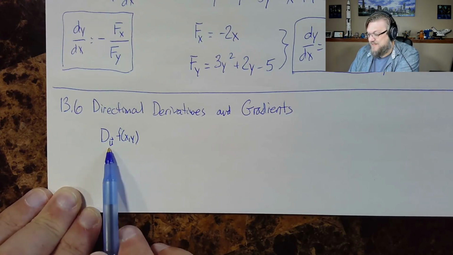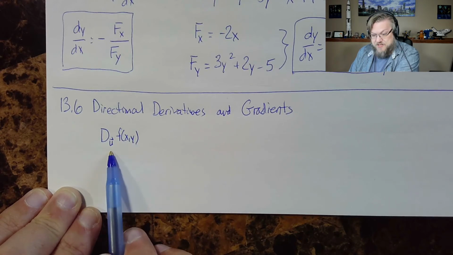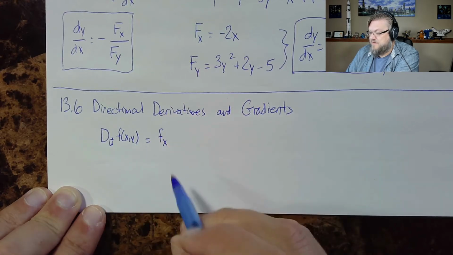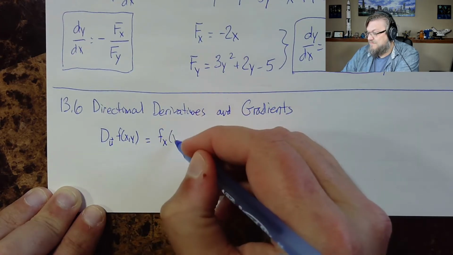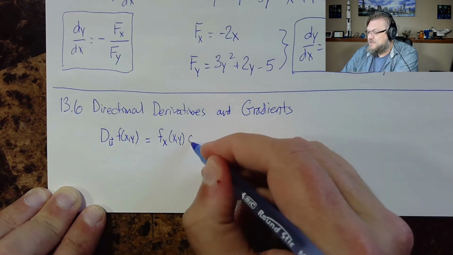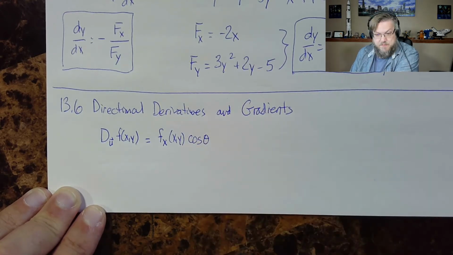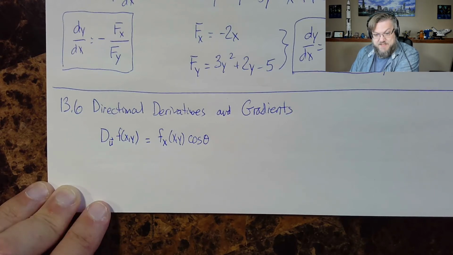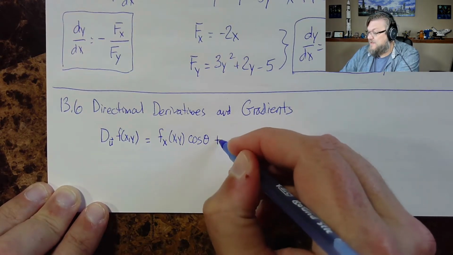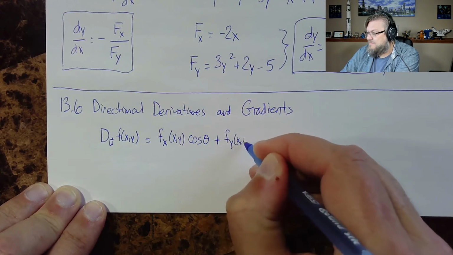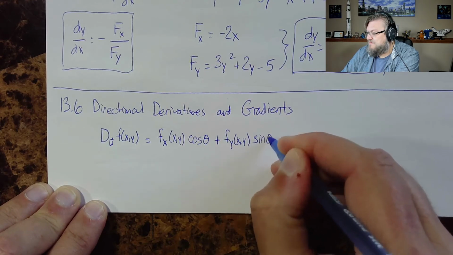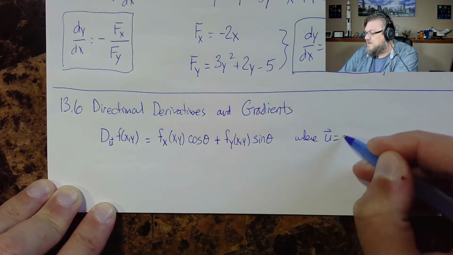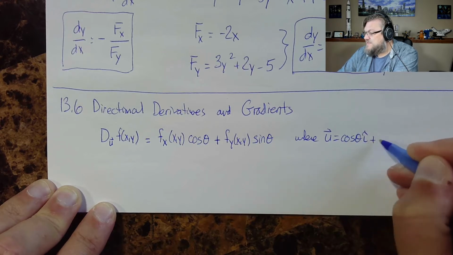All right, so the directional derivative of f of x, y in the direction of u is going to equal the partial derivative of f with respect to x at x, y times the cosine of theta. Remember, theta is the angle that the unit vector u makes with the positive x-axis, plus f_y of x, y times sine of theta, okay, where u equals cosine theta i plus sine theta j.